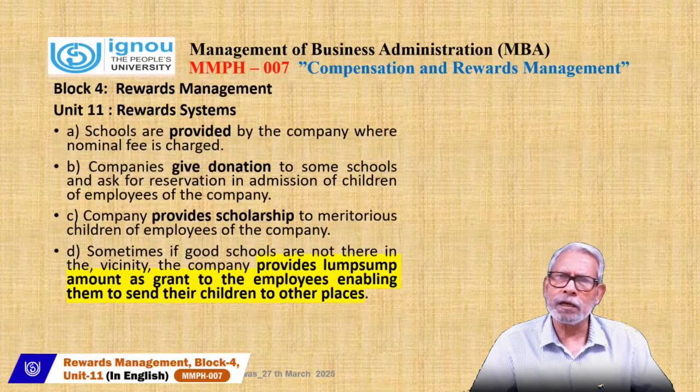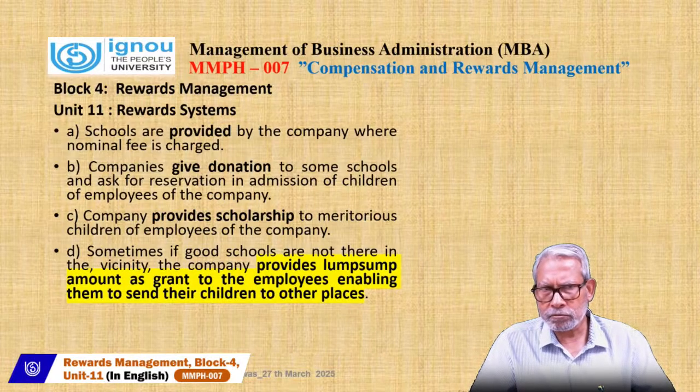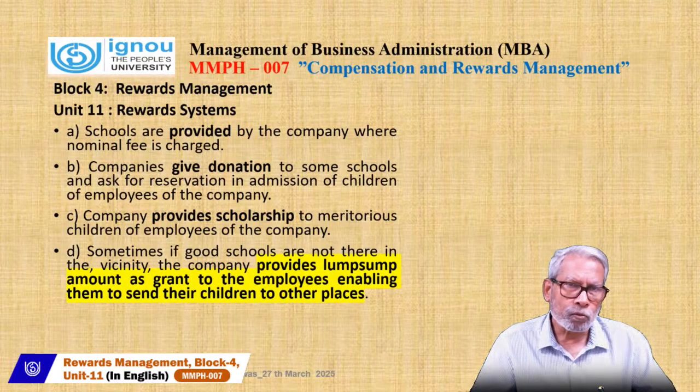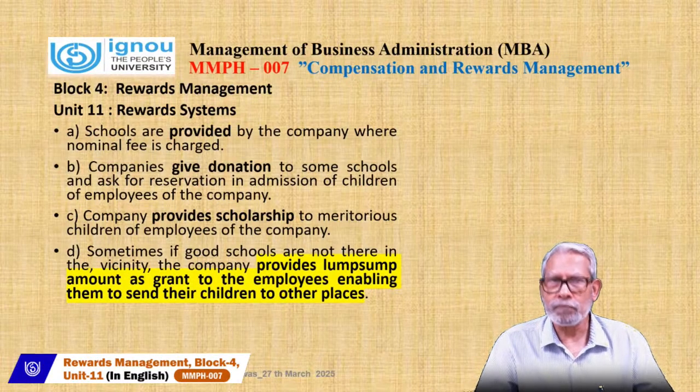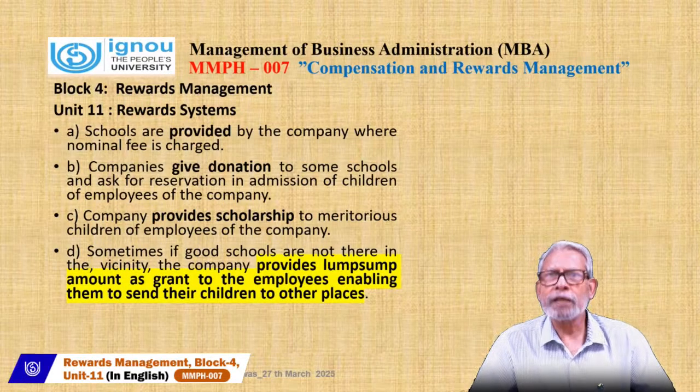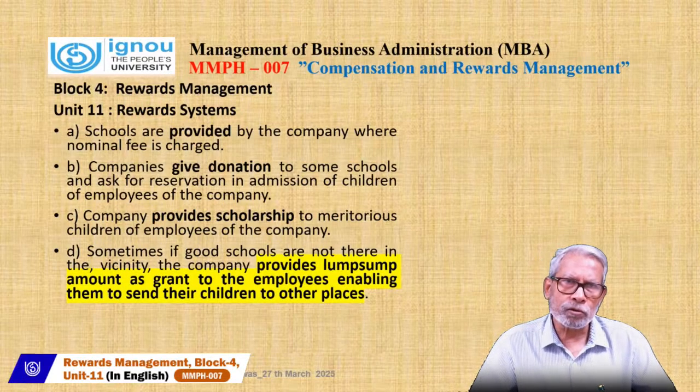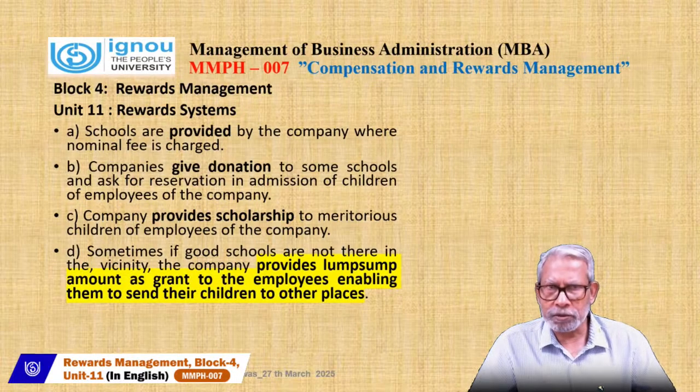Especially in plant areas, on the remote side where the employees' families and children cannot move out of the particular area, the company can request some school to open a branch there.